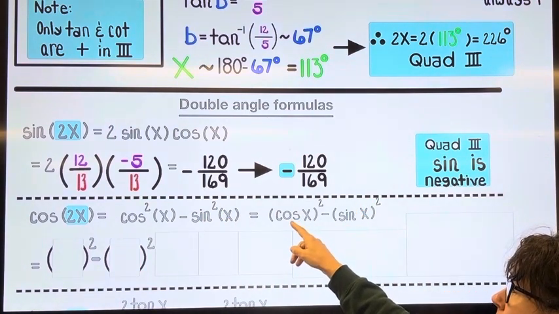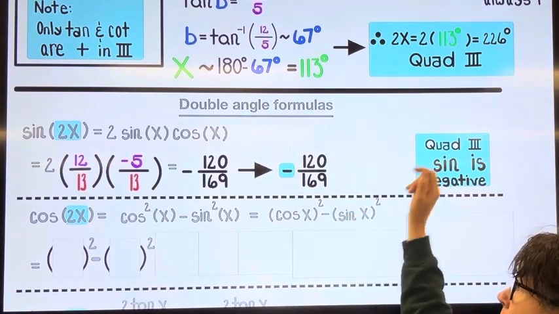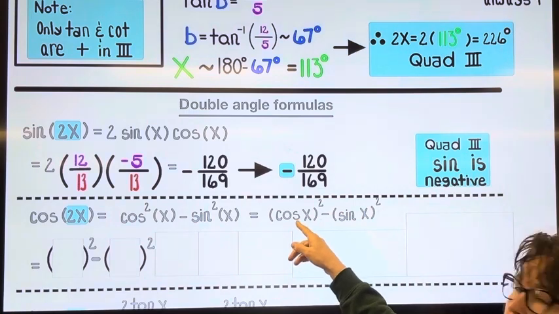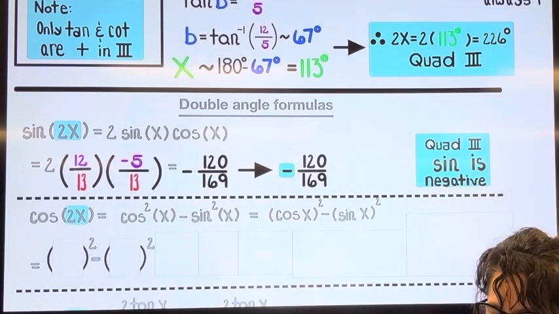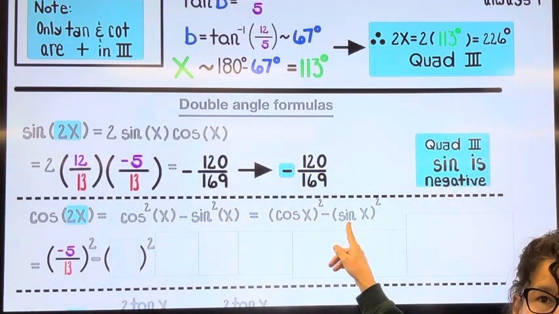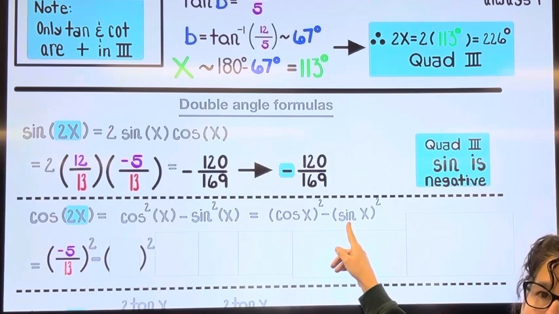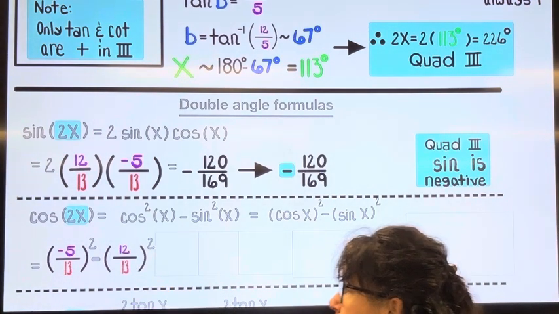So I want to substitute the answer for cosine of x, looking at my triangle on the bow tie. So adjacent over hypotenuse, we know that that is negative 5 over 13. And the sine of x, looking at our bow tie, so opposite over hypotenuse, is 12 over 13.